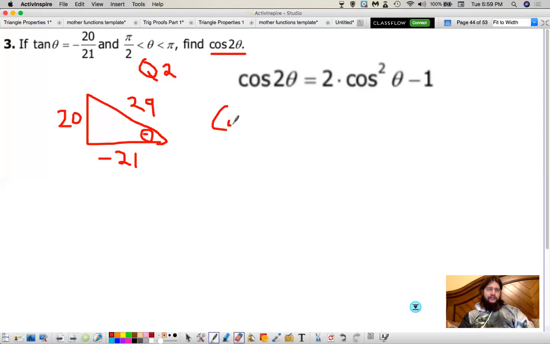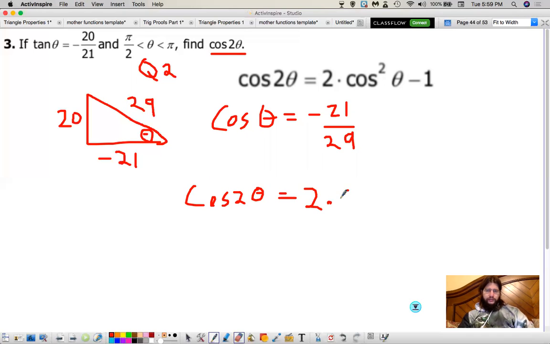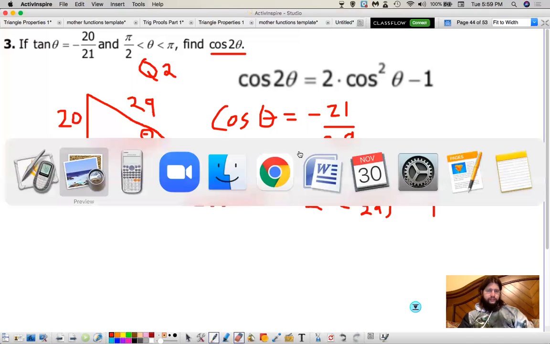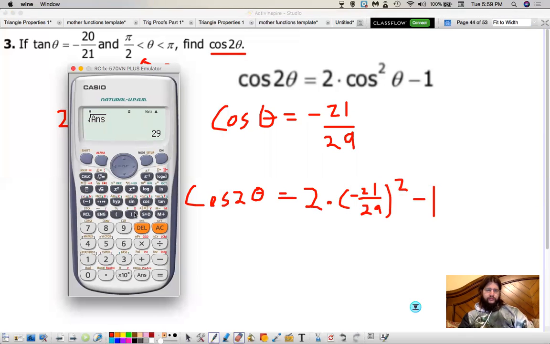So we need cosine of theta, negative 21 over 29. Cosine of 2 theta, 2 times that fraction, squared minus 1. Type it in. 41 over 841.